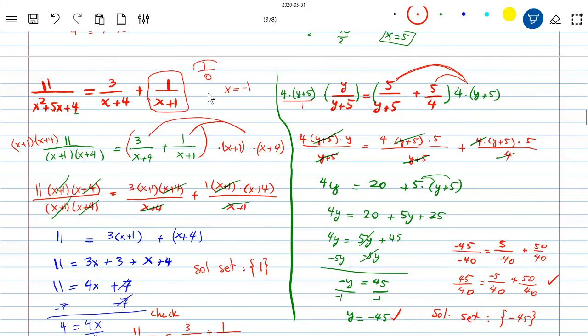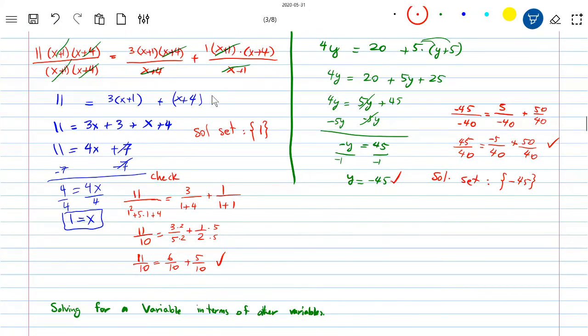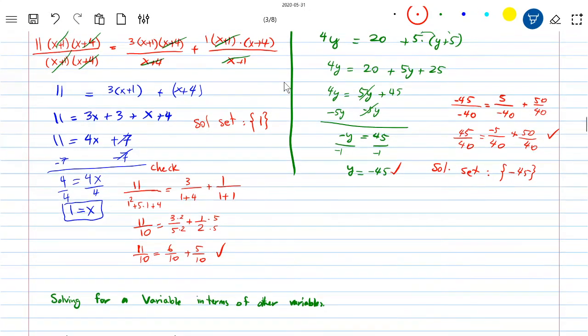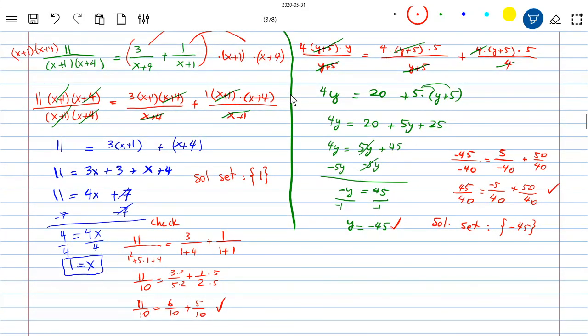You cannot accept that as a solution. This is why we check our solution, and not say -1 is a solution. Okay? So make sure to check your solutions, see if it really satisfies the equation. Okay, I'm going to stop here. Continue next time.